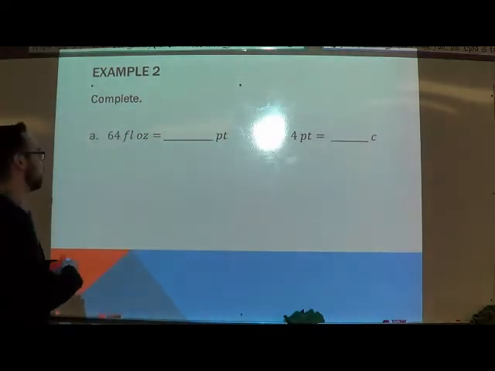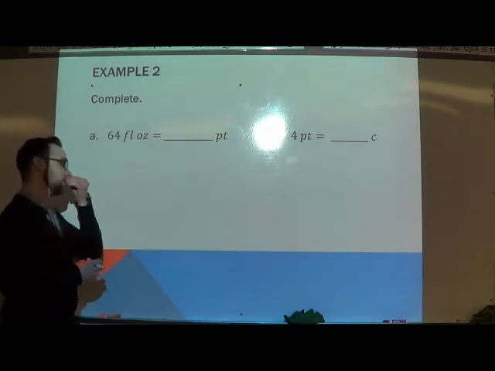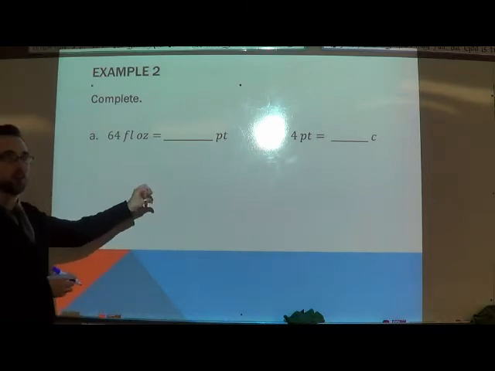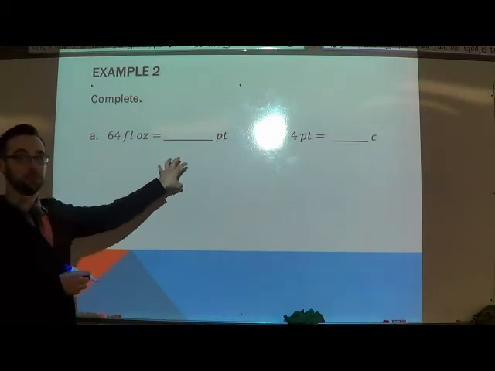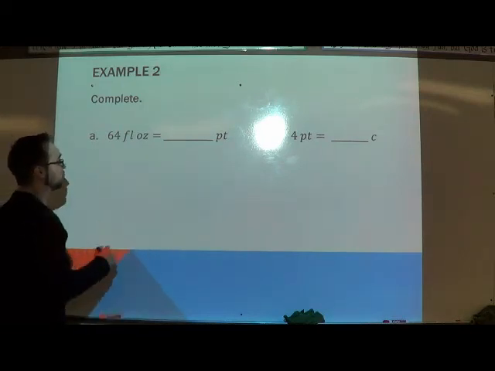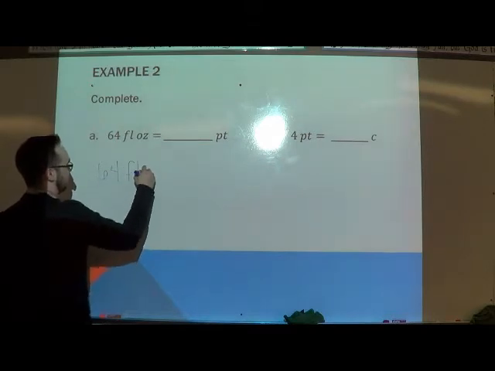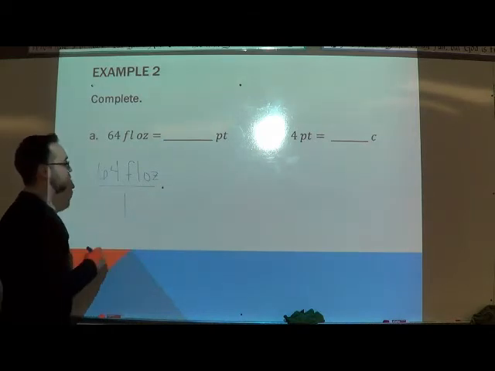So 64 fluid ounces, and we want to know how many pints that is. This one is actually asking us to do it twice, because we go from fluid ounces to cups, and then from cups to pints. So there are actually 2 steps in here. First off, 64 fluid ounces goes on top over 1. Multiply.